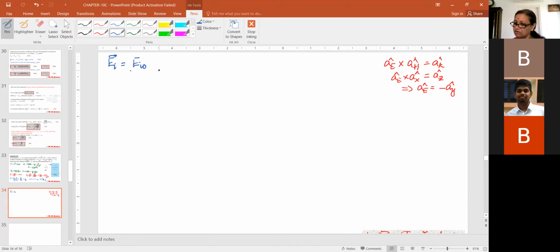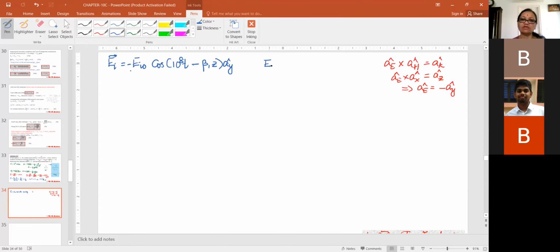That equation will be cos of 10 to the power of 8 t minus, in medium 1, beta 1 z. Since it is incident, it is minus beta z, and you gave me the direction as minus AY cap.